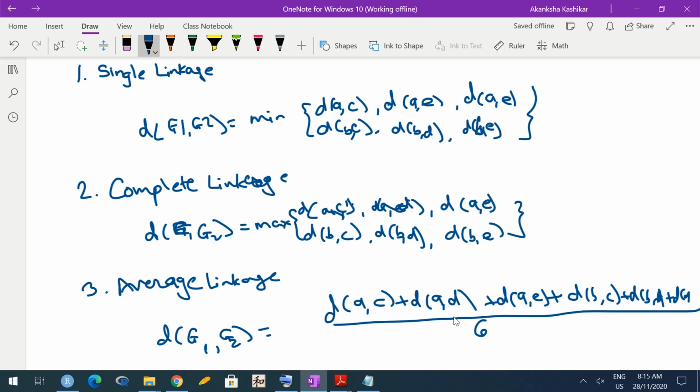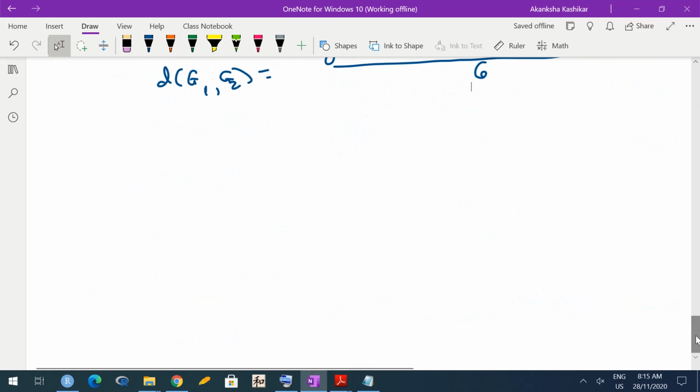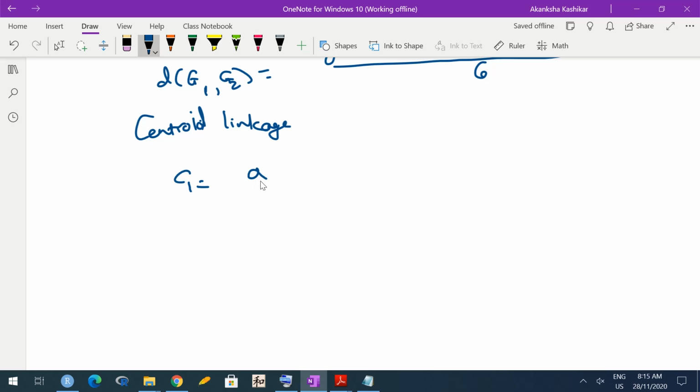Okay, so this is average distance, and there is one more which is commonly used, that is centroid linkage. So what does centroid linkage say? It says compute the centroids of each group. The centroid of the first group would be, if it's univariate, A plus B by 2; even in multivariate it would work.